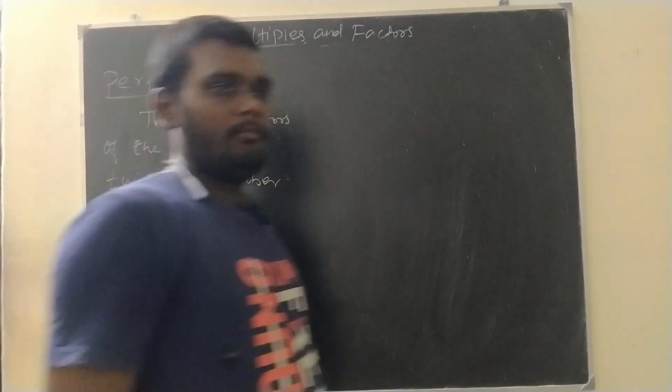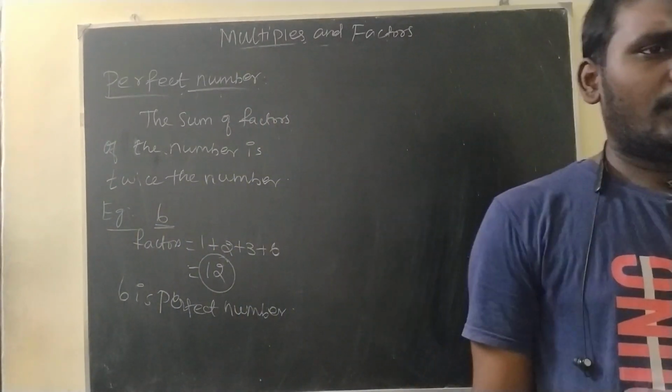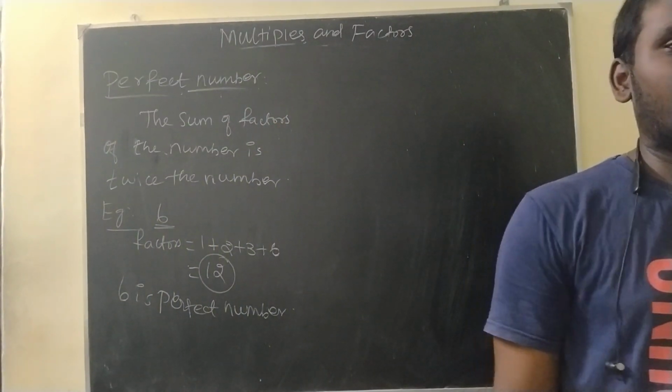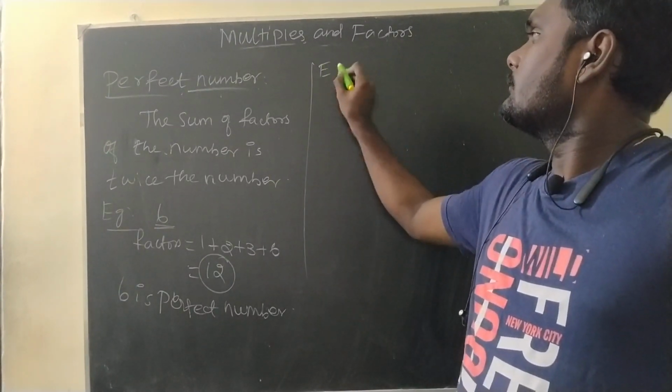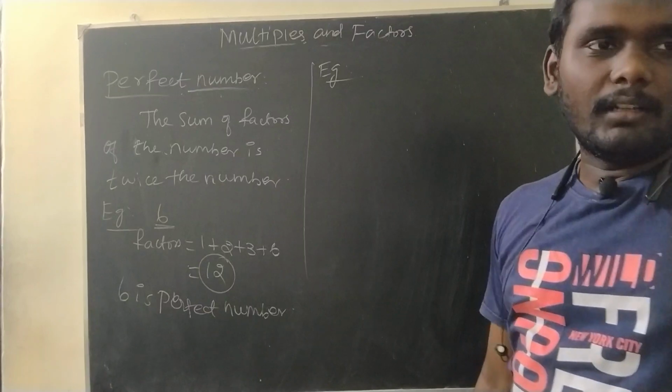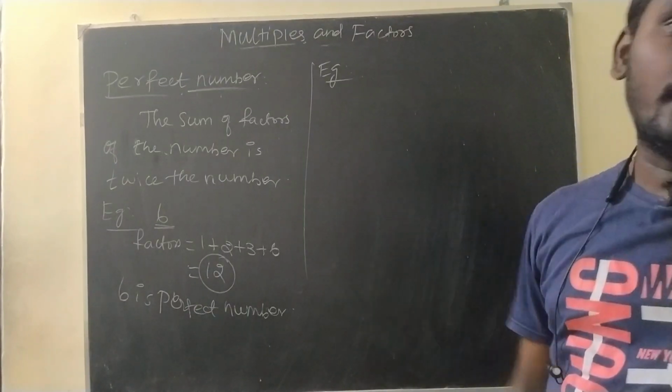Okay. The same way, we can check all the other numbers as well. 28, for example. 7 also we will check, 7 will not come, 8 will not come, like that we have to go on.